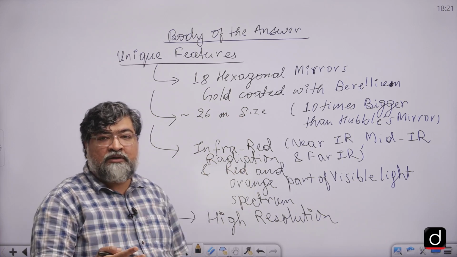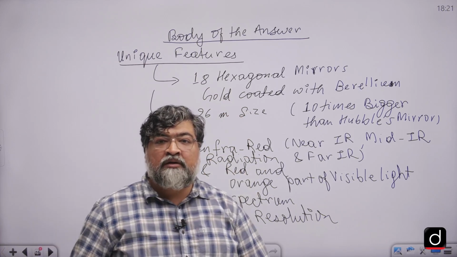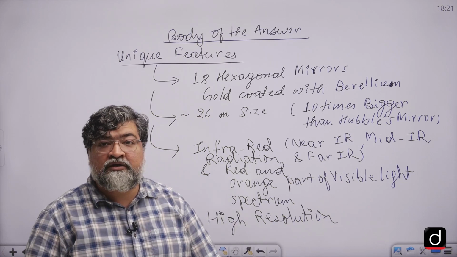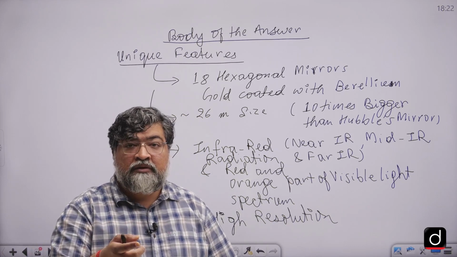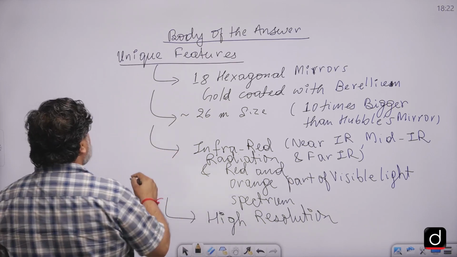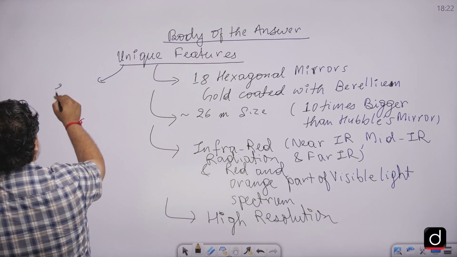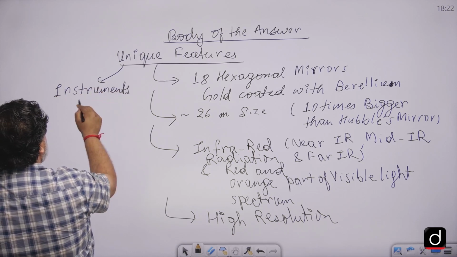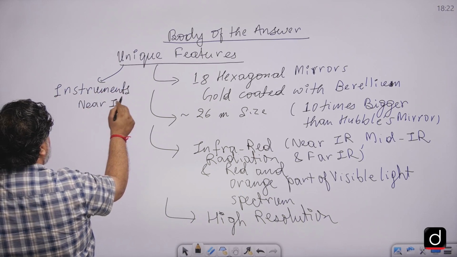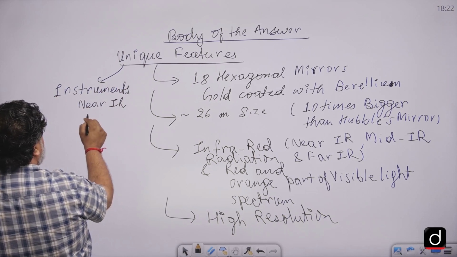It has cameras like the near infrared camera, mid infrared camera, then the near infrared spectrograph. These are instruments, the payload, which is part of this. So here the near infrared is the imager or camera.